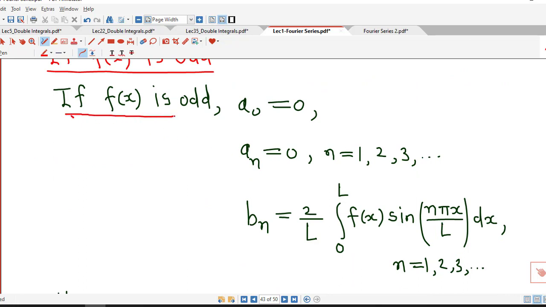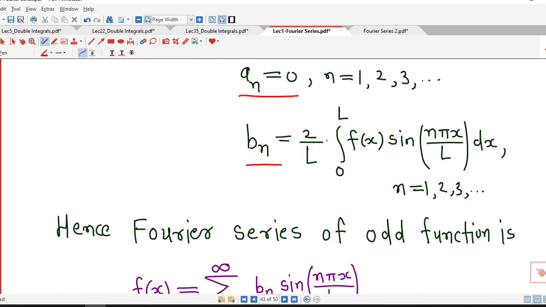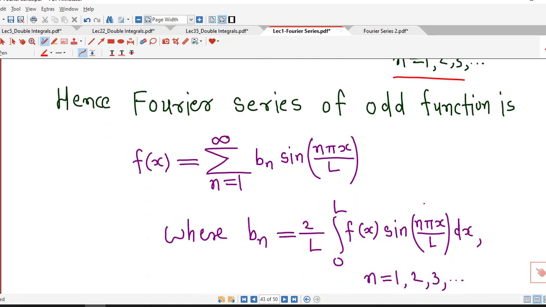So if f(x) is odd, a0 is 0, an is 0, and bn's are non-zero, which are given by 2 by L integral from 0 to L f(x) sin(n pi x by L) dx, n is from 1 to 3 and so on. So Fourier series of odd function contains only sine terms.